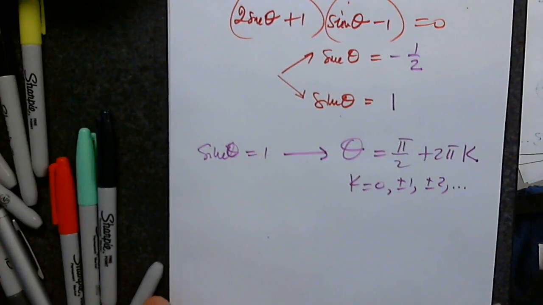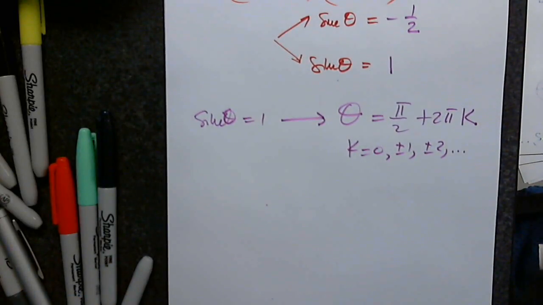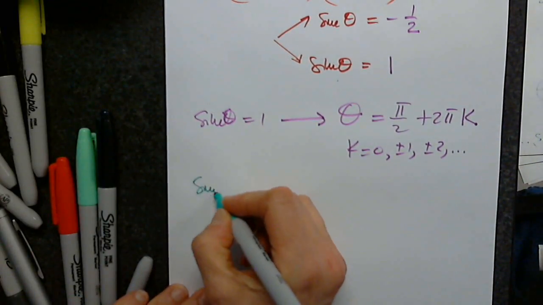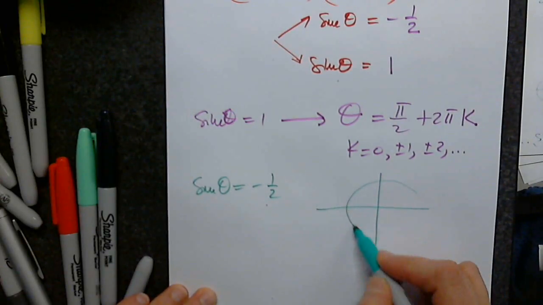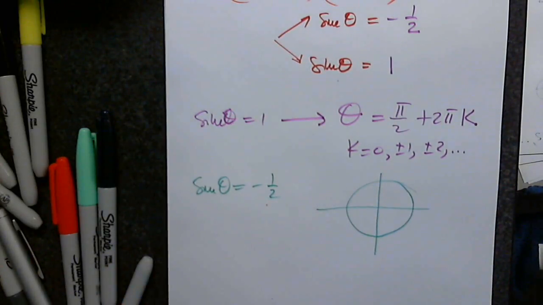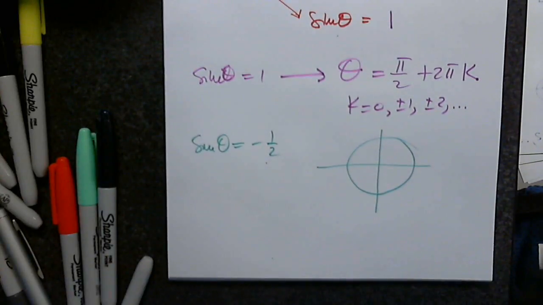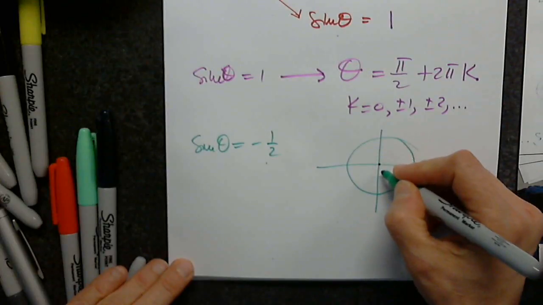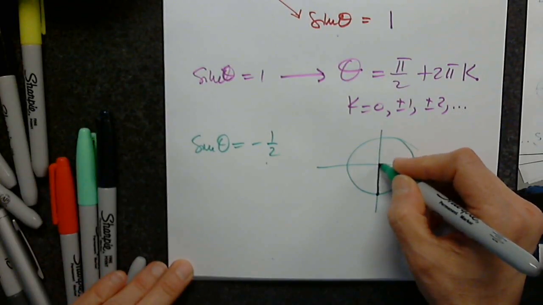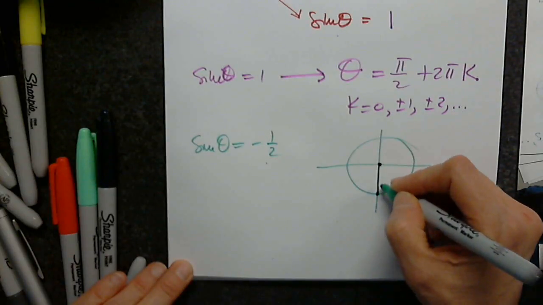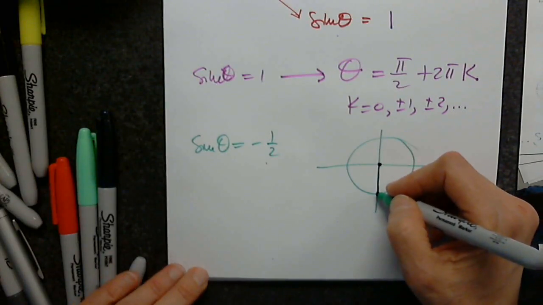Okay, the one with sine theta equals negative 1/2 requires work. Sine theta equals negative 1/2. I have to go back to the unit circle. Here's how I determine the angles. So how long is this piece? From here till here. Correct, negative 1, but you're right.